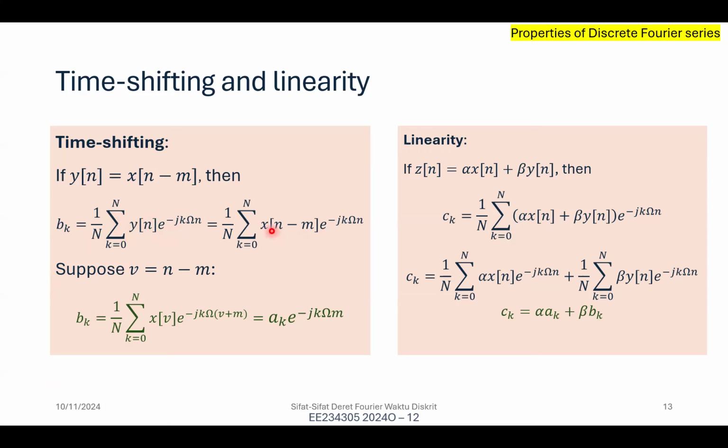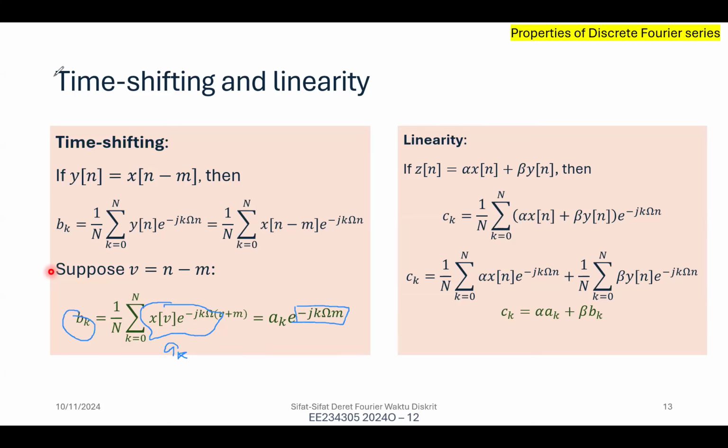If we plug in the substitution, the difference between n minus m, that would be phi plus m. So this entire thing here is ak, and this is ak times e to the power of minus jk omega m. So we can get the relation between bk and ak.